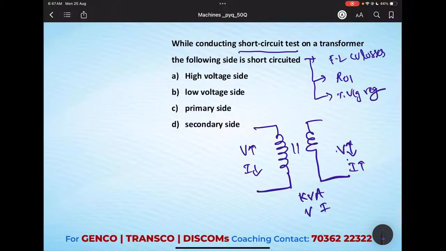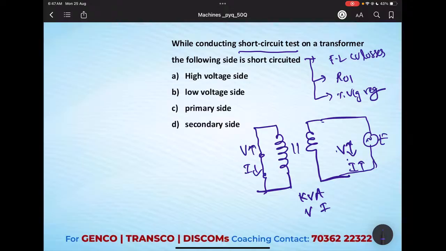Okay, so if you conduct a HV short circuit, if you short circuit at HV side and we need to energize from the LV side, what will happen?